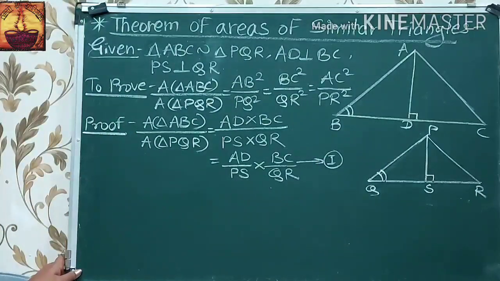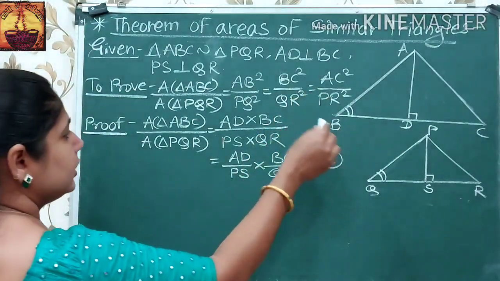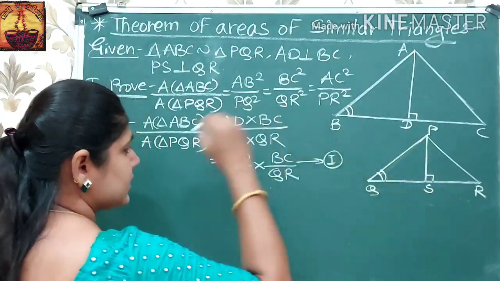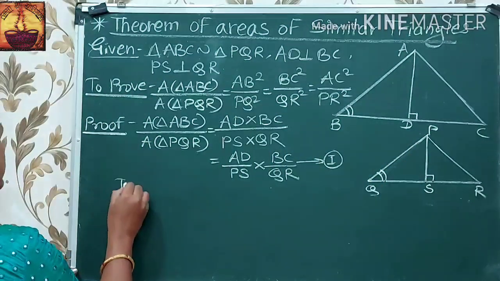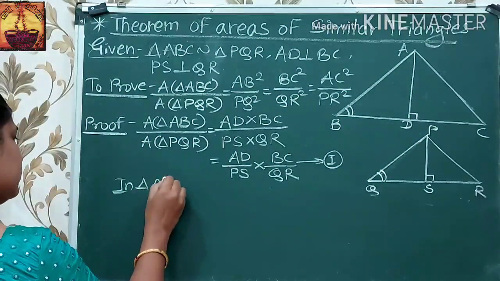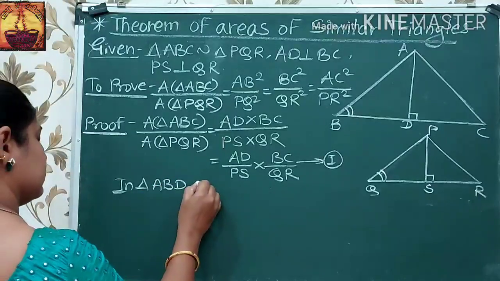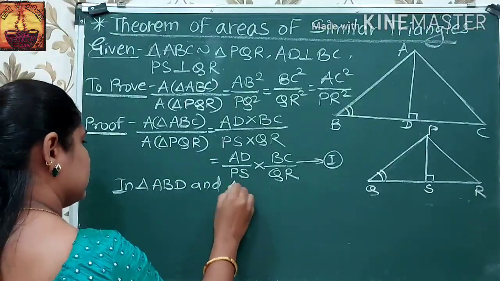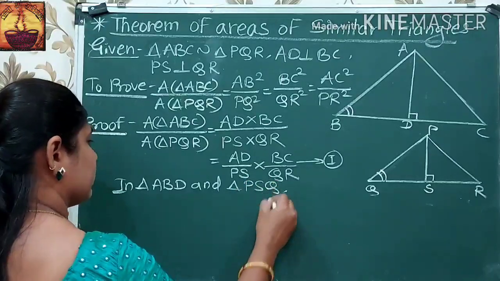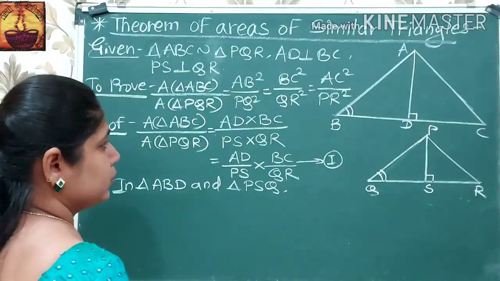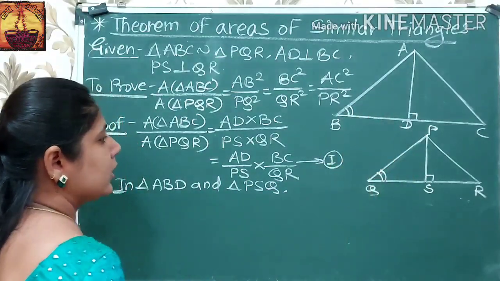Now, in triangle ABD and triangle PSQ, first we have to prove these two triangles are similar.